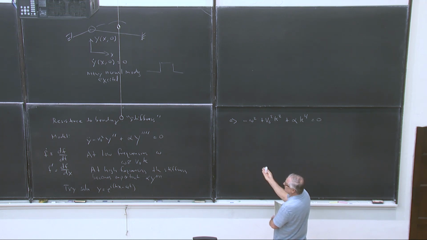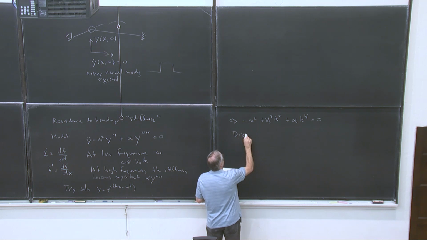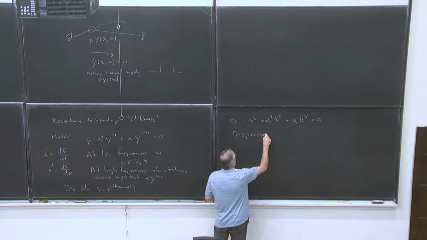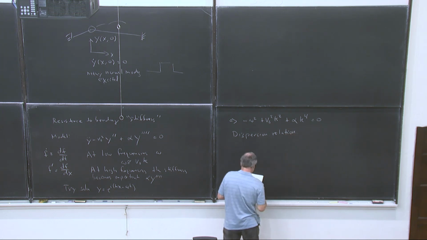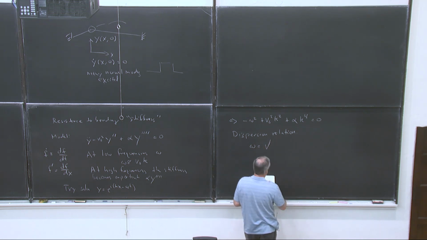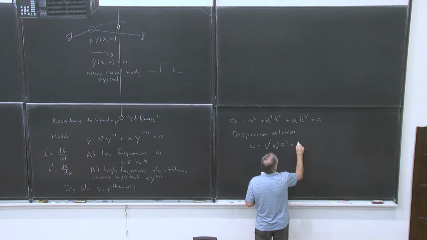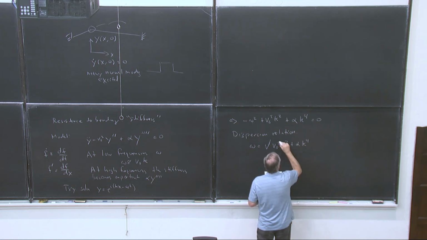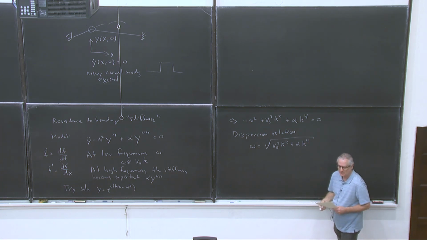So now my dispersion relation is the relation between omega and k. So omega is a function of k, so I can deduce the dispersion relation from here. So the dispersion relation is omega is equal to the square root of v naught squared k squared plus alpha k to the fourth, or you can bring out an overall k and see what's left.